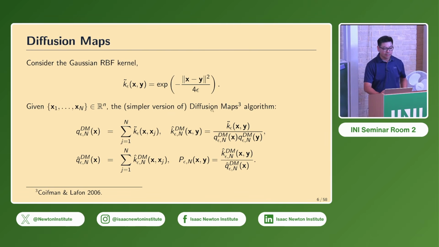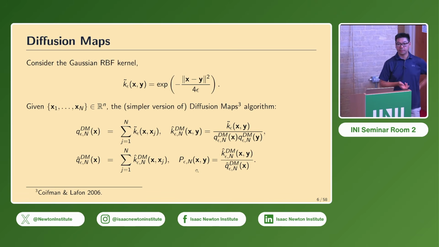What you do is the following: you average the kernel over the training data and compute this. You normalize your Gaussian kernel once, and then you take this normalized kernel, average it one more time, and divide by that normalization. You construct P epsilon n as a Markov matrix, a Markov kernel.